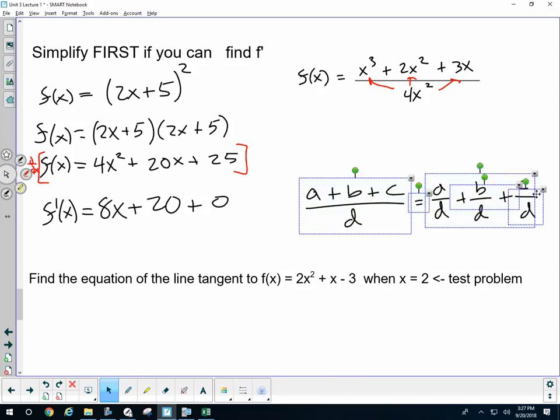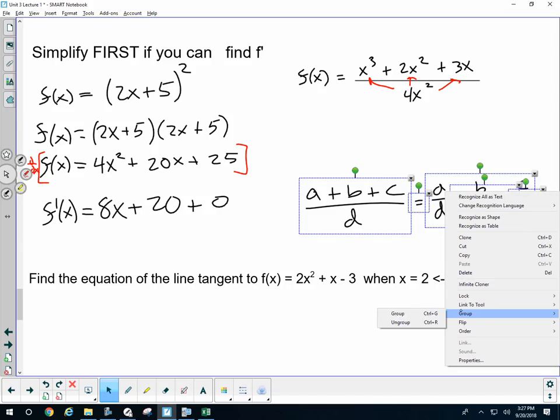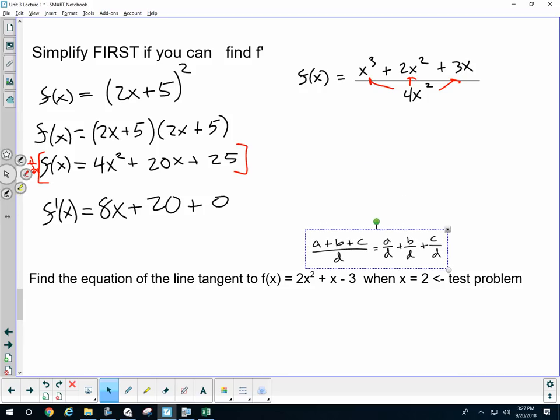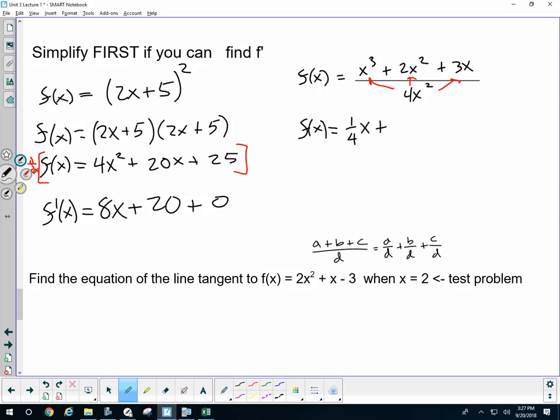Now, let's see if you guys can do that. That's what you should get after you divide. X over 4, or 1/4 x, plus 1/2, plus 3 over 4x, or 3/4 times 1 over x.